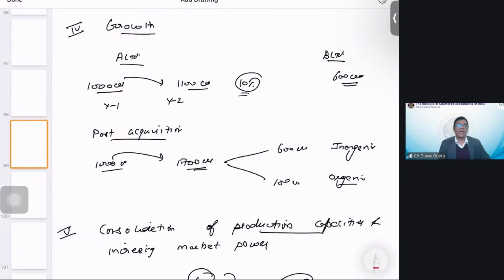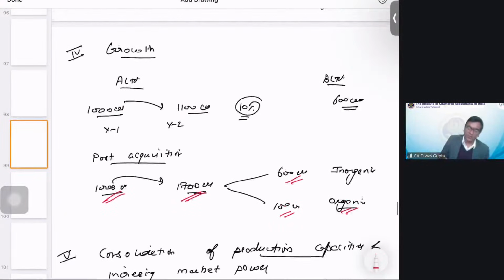Once you acquire that, your overall turnover becomes 1,700 crore from 1,000 crore. That means 600 crore has come inorganically and 100 crore has come organically. Clear? So there is an inorganic growth of 600 crore and an organic growth of 100 crore.